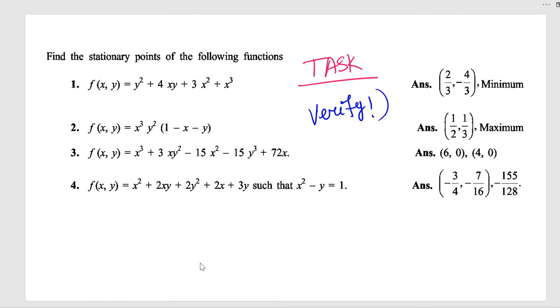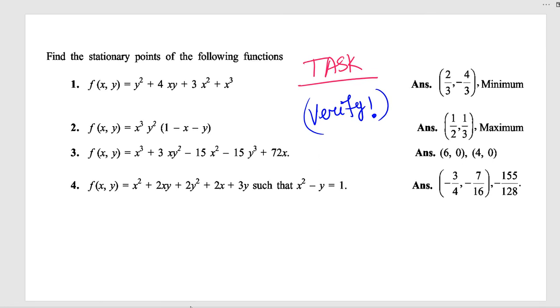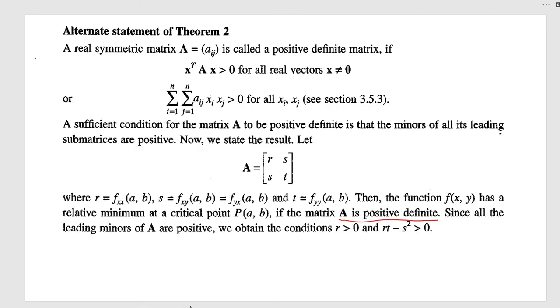Now another approach is there, another form of the second theorem, that is, the sufficient condition that we have discussed. Let us quickly recall. Some textbooks prefer to call it positive definite. In terms of this sufficient condition, they want to mention it in definite matrix form.